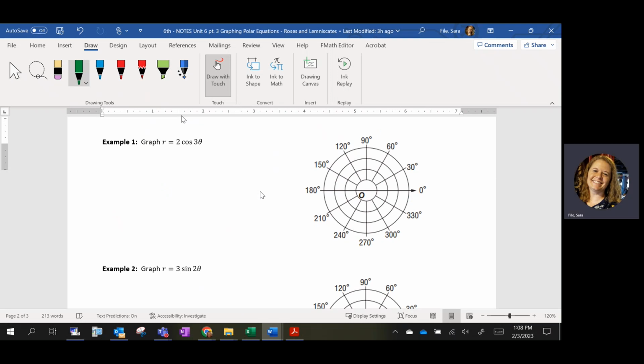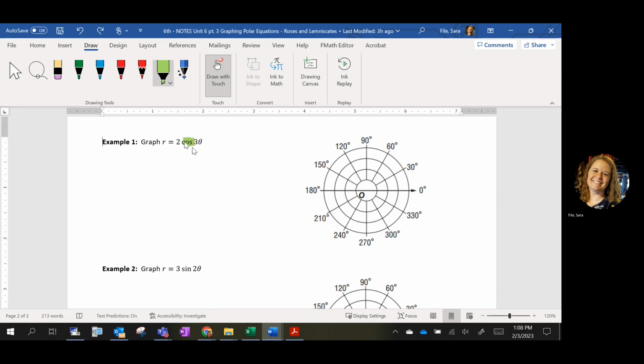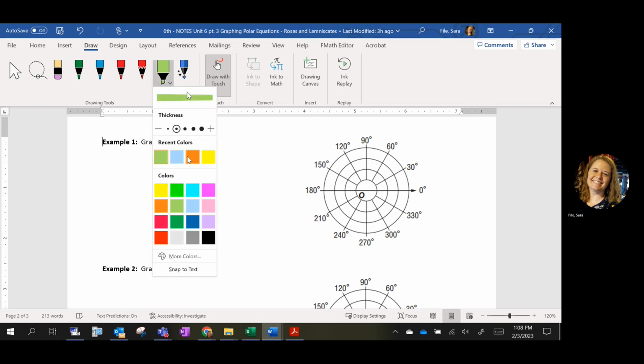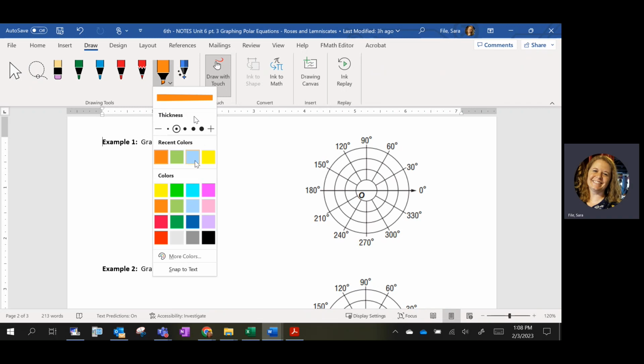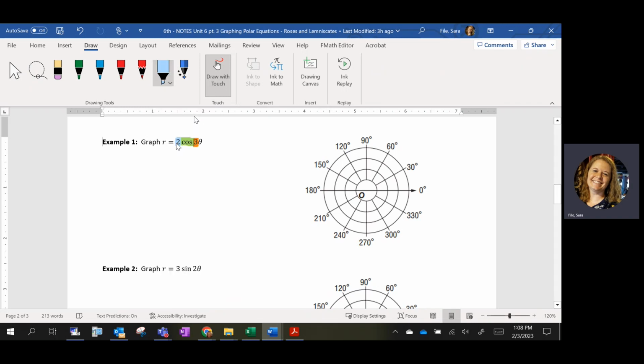All right, so let's try graphing this r equals 2 cosine of 3 theta. Okay, so this would be, oops, wrong color. Cosine in green. Our n is 3, and our a is 2.